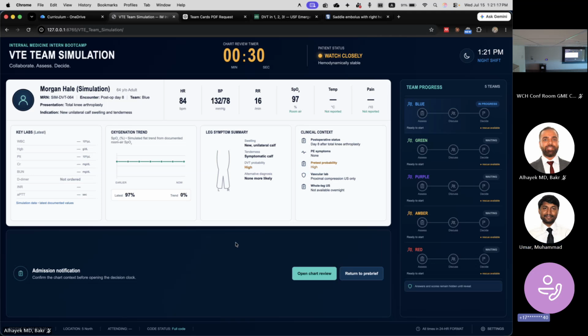You don't really have any labs on this patient. He's saturating 97% on room air. You examined the patient and saw new unilateral calf swelling, symptomatic and tender. In your mind, this is a post-surgical patient and we are concerned about DVT, correct? Because this patient will have high probability.